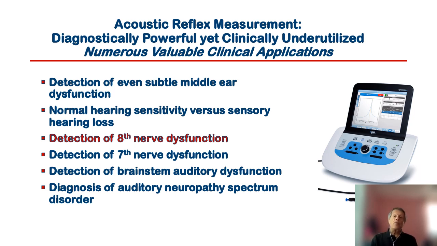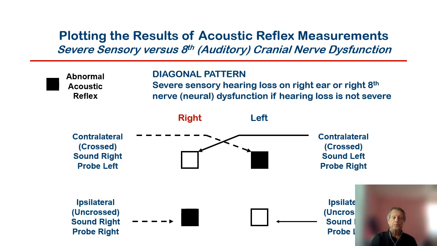Then you perform acoustic reflex measurements for ipsilateral and contralateral conditions. And you find that even though hearing sensitivity is quite good in both ears, there is no acoustic reflex whenever the sound is in one ear. So if the person's complaining about their right ear, they can't use the right ear on the telephone because they can't understand what people are saying, we find that when we put the probe in the right ear and the sound, ipsilateral right ear acoustic reflex, it's missing.